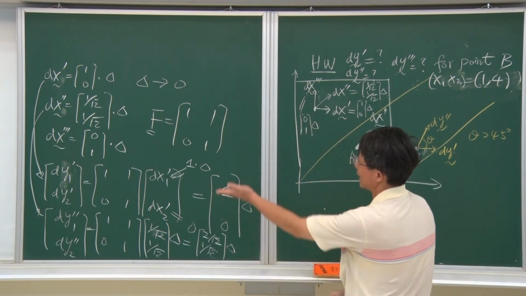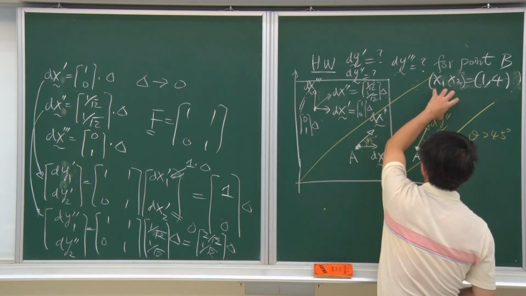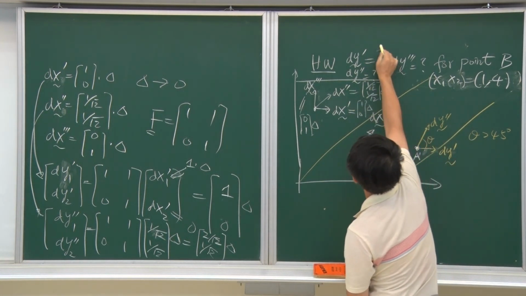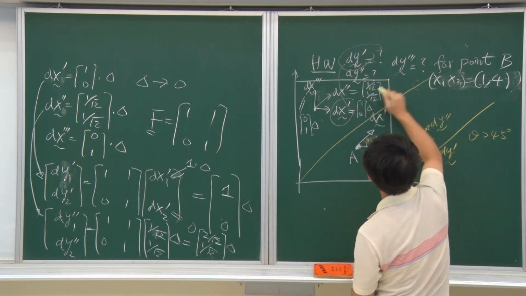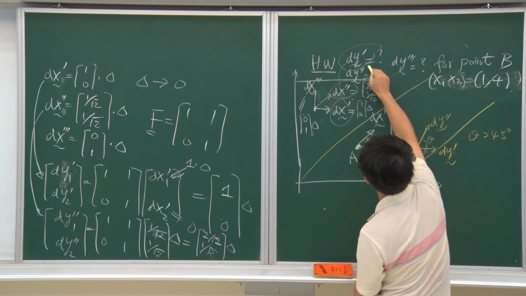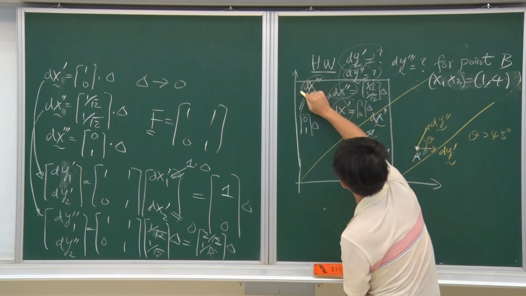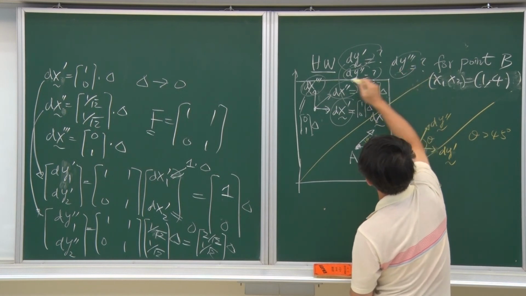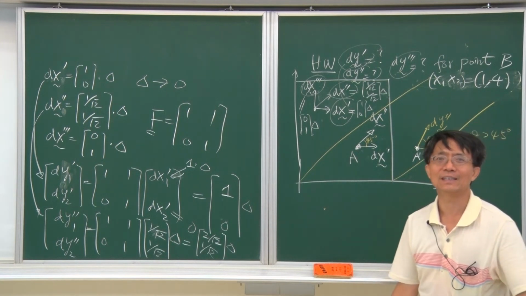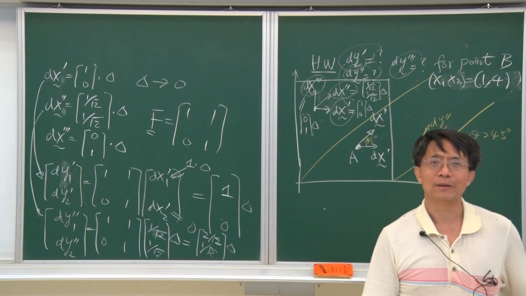These three material lines will be deformed into different material lines. I want you to calculate the deformed material line of dx prime, dx double prime, and dx triple prime. This is the homework of this subsection. Please finish it and turn it in to me at the right time.